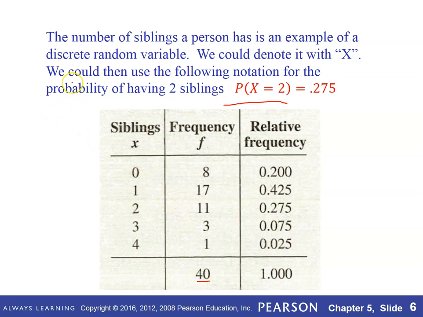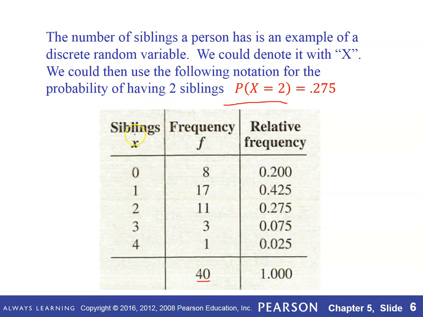And it's discrete because it's not an infinite set of possibilities. It's just a finite set of possibilities. Now, it could be outside of 0 through 4. They could have 10 siblings. But it is still discrete. I can't have 3.5 siblings or something like that. It's a discrete random variable.